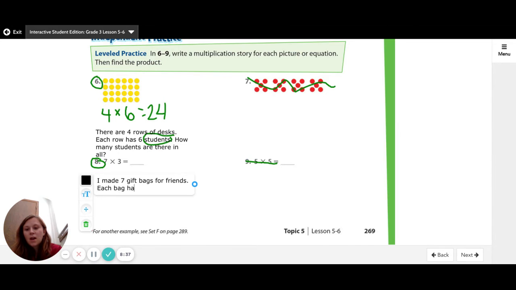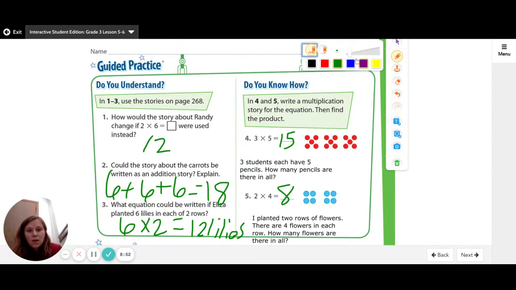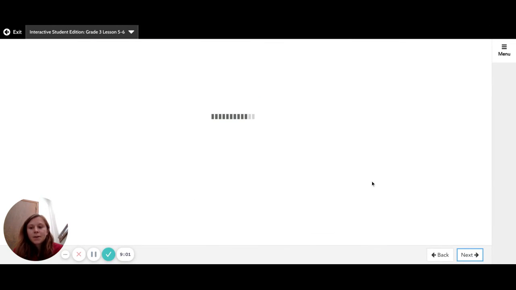Each bag had 3 pieces of candy in it. How many pieces of candy are there in all? So I know I had 7 bags with 3 pieces of candy in each, so I'm thinking 7 times 3. I know 7 times 3 is 21, and then my label would be pieces of candy. Let's turn the page.